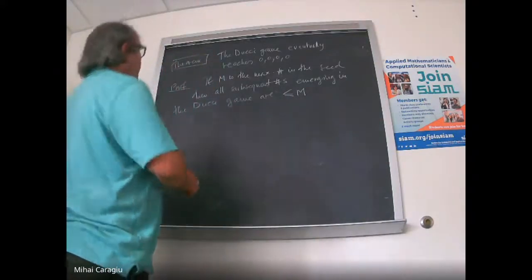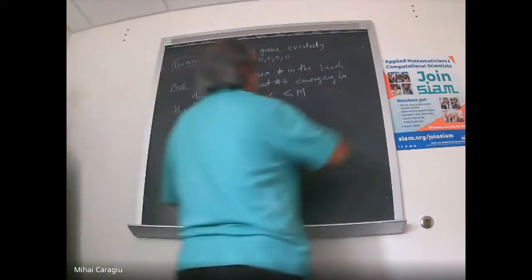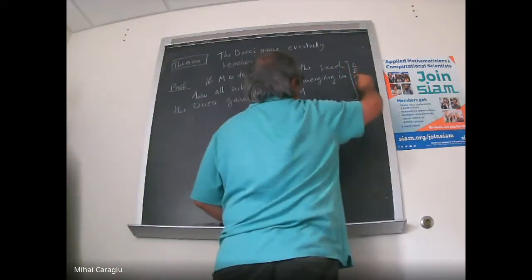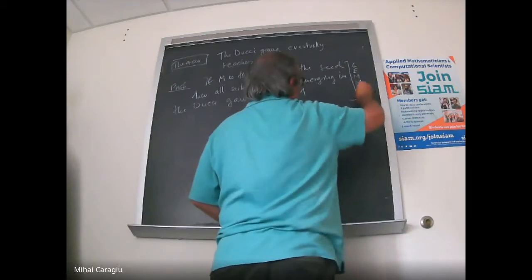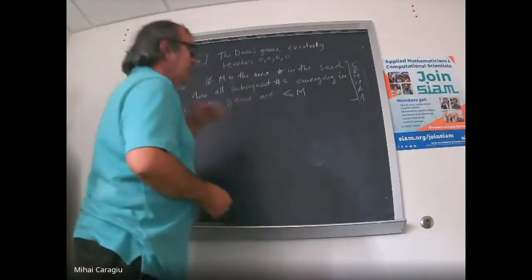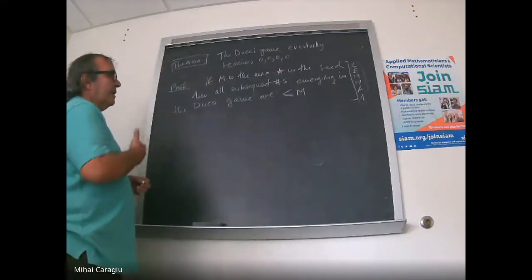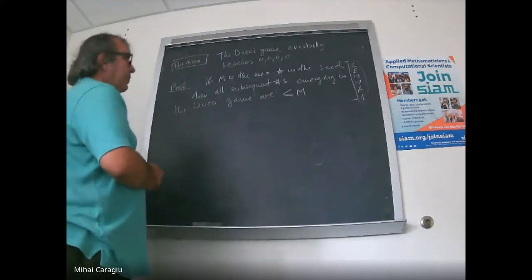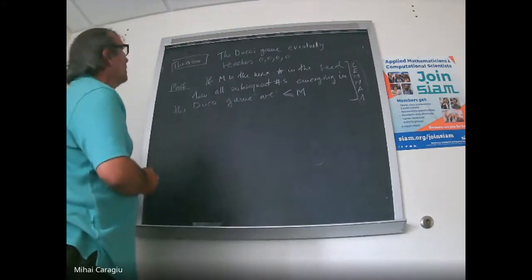So let's call this lemma 1. So all the numbers appearing in the Ducci iteration are m or less, are between 0 and n. So the evolution of the Ducci game is controlled.